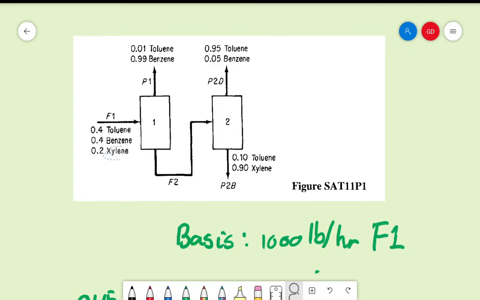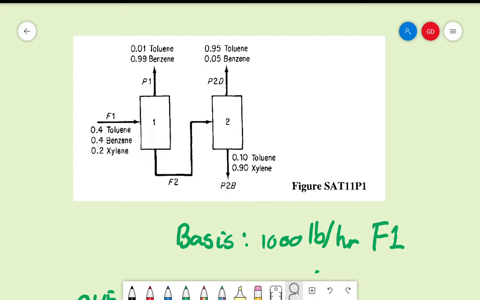So xylene is the least appearing component. Therefore, using a component balance based on xylene is much more prudent, because we can easily find P2B if we use xylene.